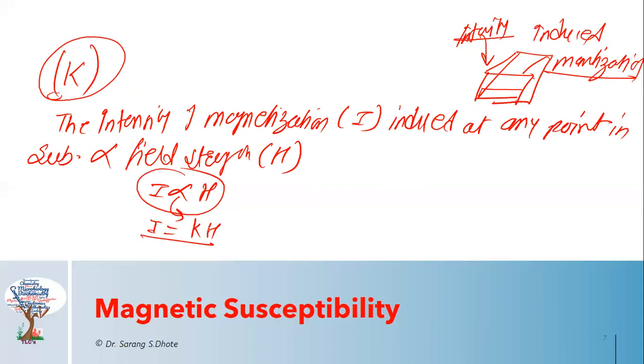This K is the proportionality constant, and it is the magnetic susceptibility. So K equals I divided by H. It means the intensity of magnetization induced in a substance per unit magnetizing field is nothing but the magnetic susceptibility.